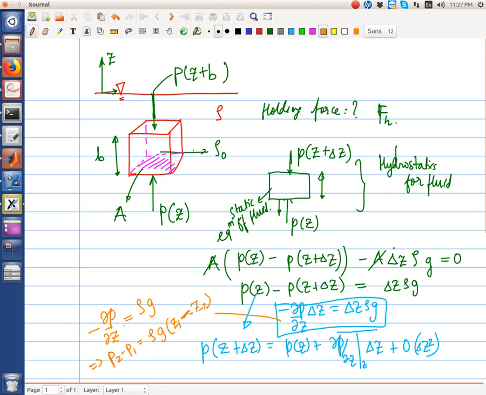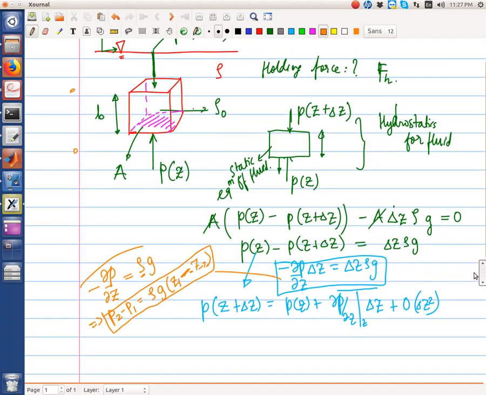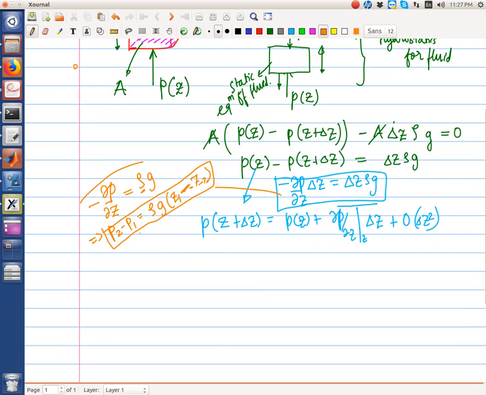So we have essentially integrated this in space over Z, assuming that rho remains constant for the fluid. So this is the condition for equilibrium of a fluid. Okay, so if we have held this block in place, P2 minus P1 at any 2 points in the fluid is governed by this.